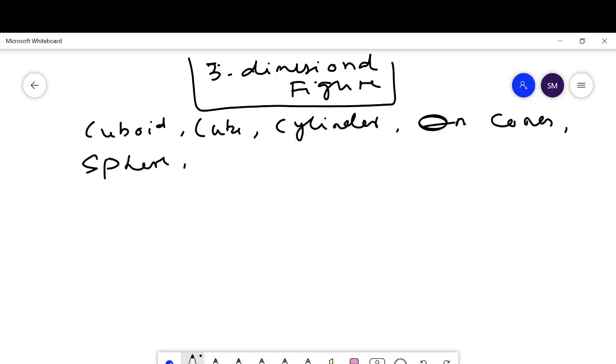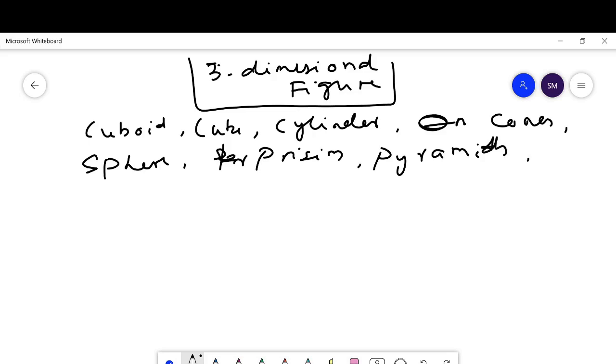Then they may be pyramids, prisms, tetrahedrons. All these are three-dimensional figures.